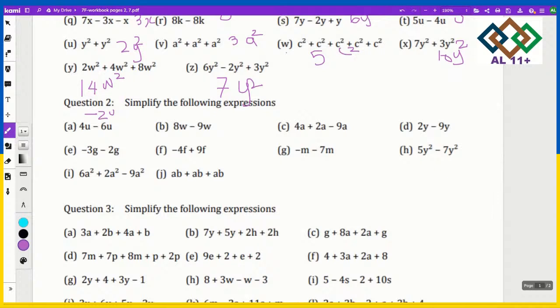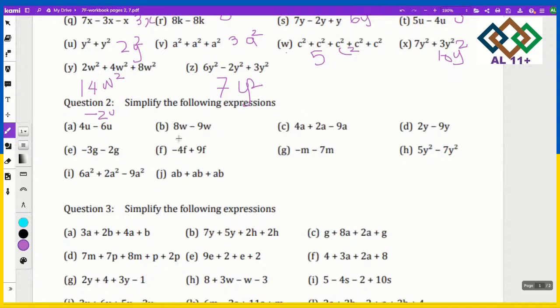I'm writing down the answer for this. And remember that we take the sign of the bigger one. When you're doing this one, you have to be careful about the signs because everybody needs to be careful in algebra. So let's do the next one.